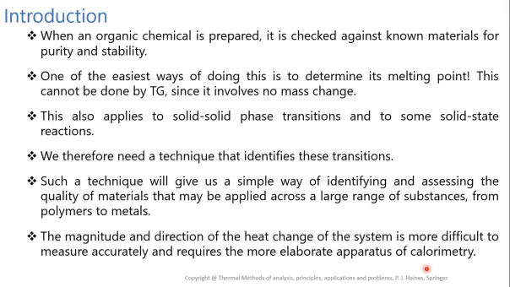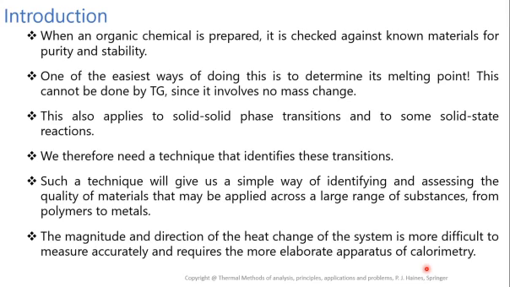The magnitude and the direction of the heat change of the system is more difficult to measure accurately and requires the more elaborate apparatus of calorimetry. This is the basic idea whenever we heat that particular sample.